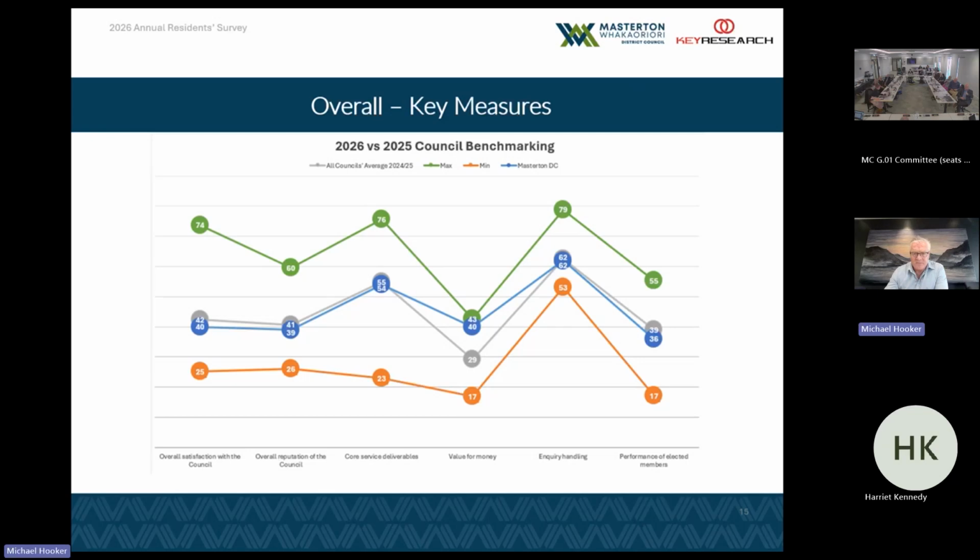So you'll see pretty good results. You are at or above sector average on most, and in fact well above the sector average for perceptions of value for money. So these are the cornerstone attributes which I'm displaying on this particular slide here.